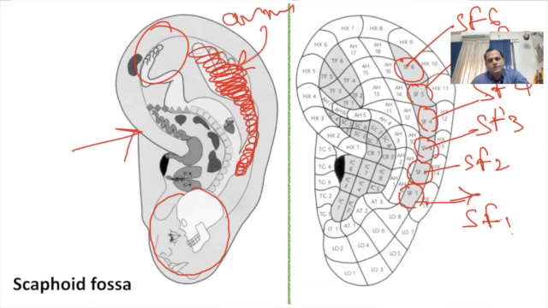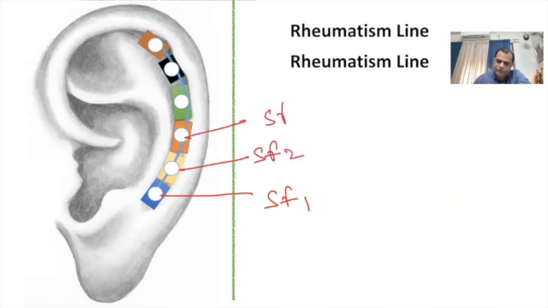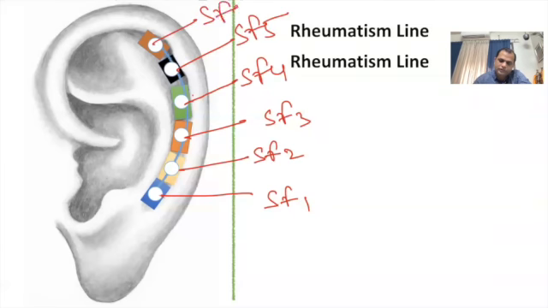We will see the location of different parts of the arm in the Scaphoid Fossa. Let's see the other image. Now look at this. This is Scaphoid Fossa 1, 2, 3, 4, 5 and 6.